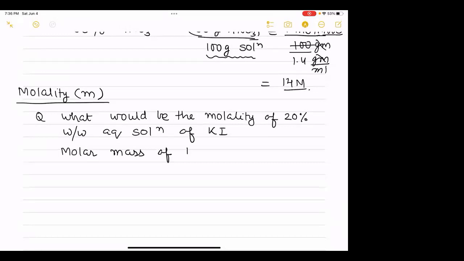The molar mass of KI is 166 gram per mole. Mass percentage is given, so this is related to conversion of mass percentage to molality.